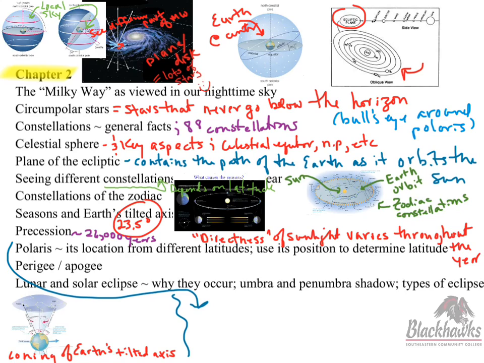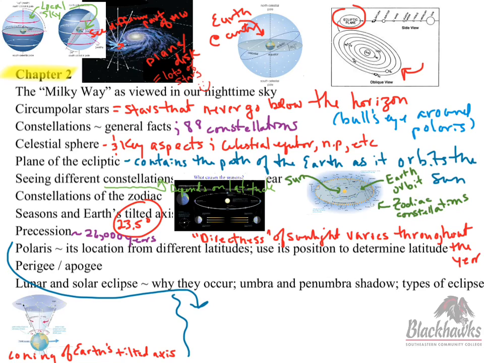So as it cones, the North Pole points to a different pole star. Okay, it won't always be Polaris. It won't always be our North Star. It's been Vega before. Remember, Vega is in the constellation Lyra. Beautiful, intense blue star, part of the summer triangle.